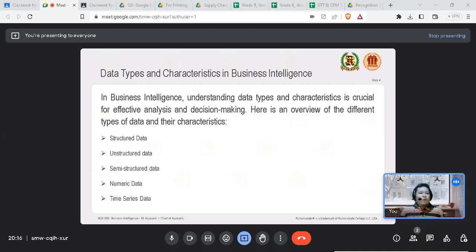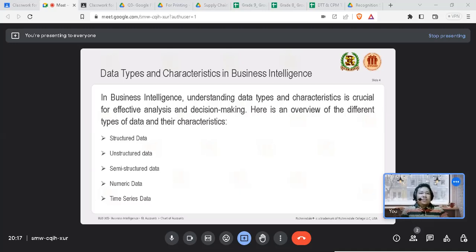These social media platforms generate a vast amount of unstructured data in the form of posts, comments, likes, shares, and user profiles, which can be used for sentiment analysis, customer segmentation, or brand monitoring. Take note of that. Those are the examples of unstructured data.